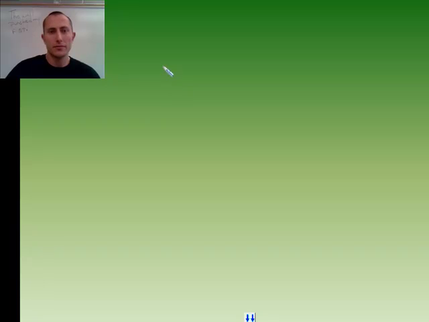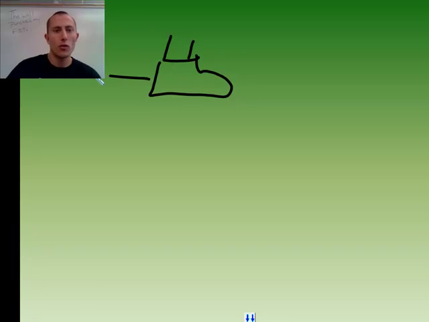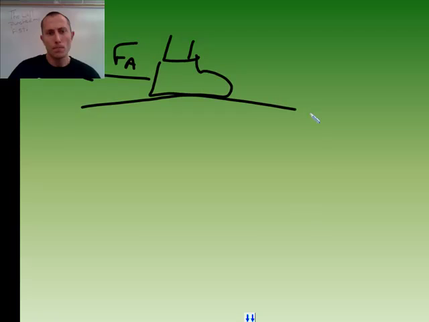And so here's our foot. We're exerting force A back on the earth, and the earth is exerting force B forward on us.